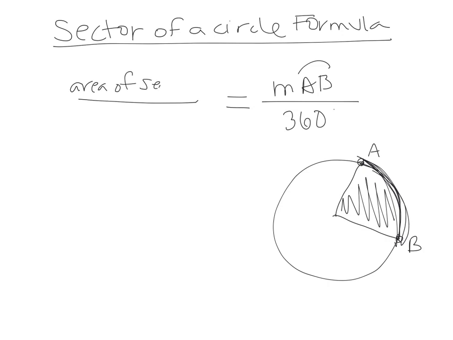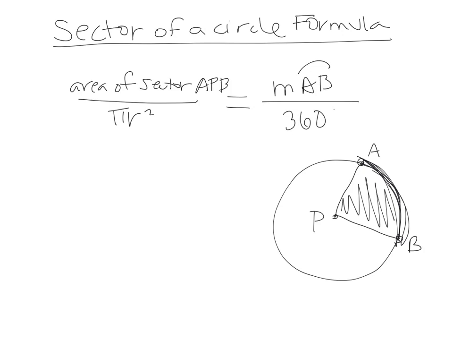So it will be area of sector. And this sector is specifically, well, I need to label the center point, so we'll label that center point as point P. So it's specifically the sector APB over the area of the circle, which is pi r squared.